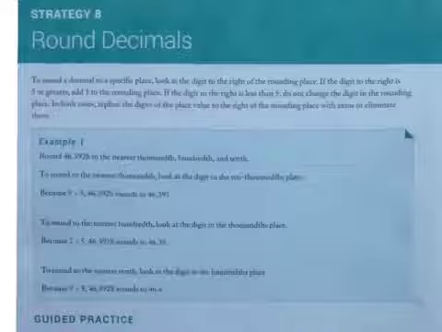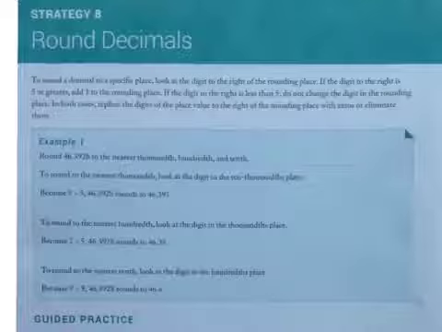Today we're going to talk about Strategy 8. We are going to round some decimals. So to round a decimal to a specific place, we're going to look at the digit to the right of the rounding place. If the digit to the right is 5 or greater, we're going to add 1 to the rounding place.